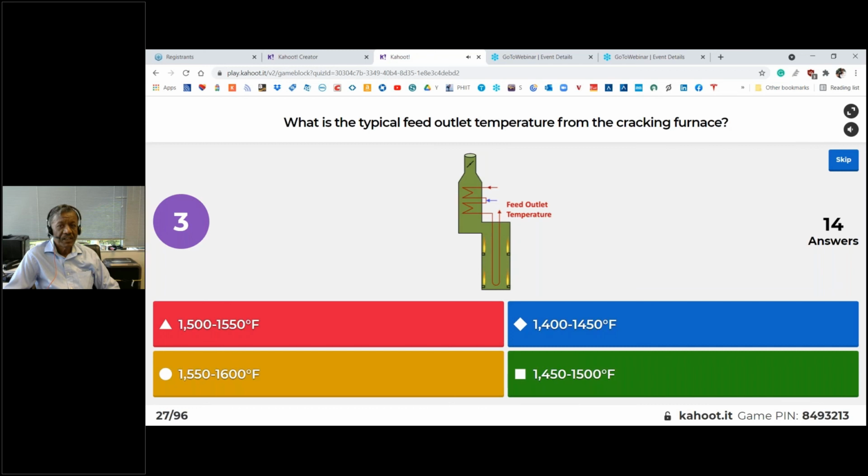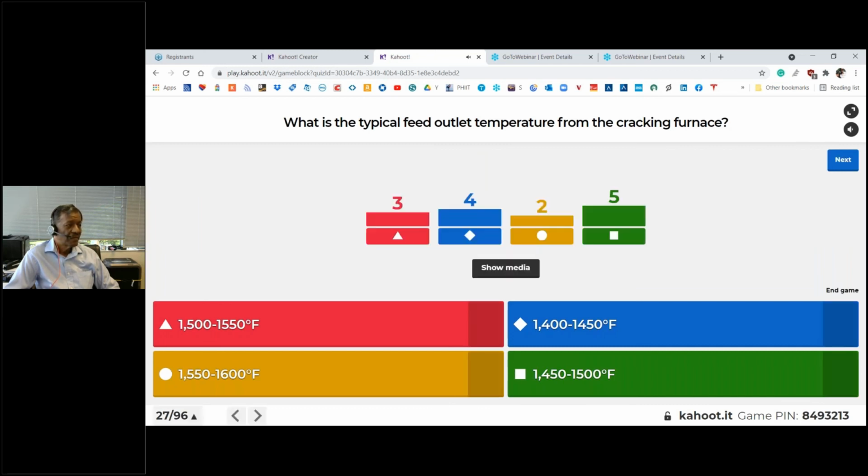Range is from 1400 to 1600 degrees F. Okay, so we have range all over the place, evenly split. Ones which are in the high temperature zones is like ethane cracking. I think the low is around naphtha cracking. But thank you again for the response.